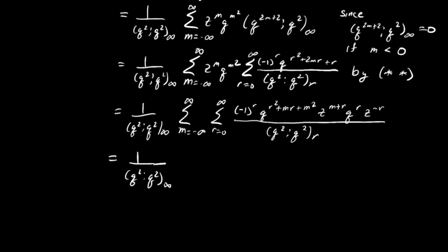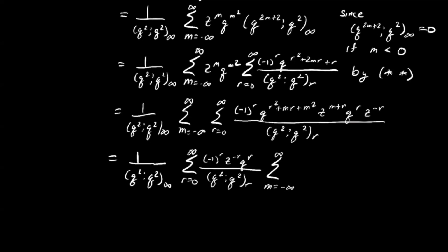And now I'll write this as the sum, r goes from 0 to infinity, negative 1 to the r, z to the minus r, q to the r, divided by (q squared; q squared) sub r. And then I'll write the sum, m goes from minus infinity to infinity, of q to the (m plus r) squared, z to the m plus r. All right, so I get this nice expression once I rearrange my terms appropriately.